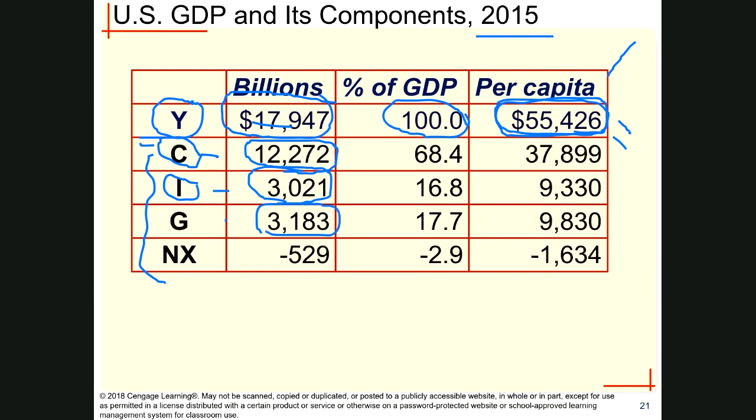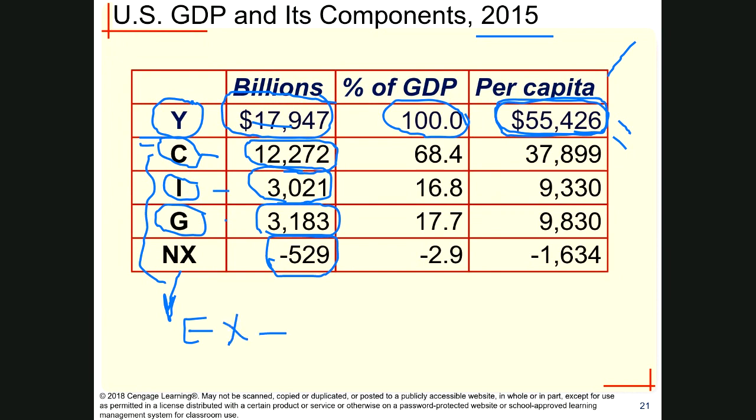And this year, ours is negative 529. It was part of the expenditure by foreign sector, which means we import more than we export. Remember, the NX is equal to export minus import.